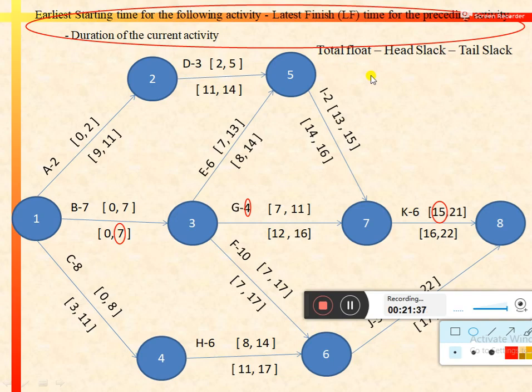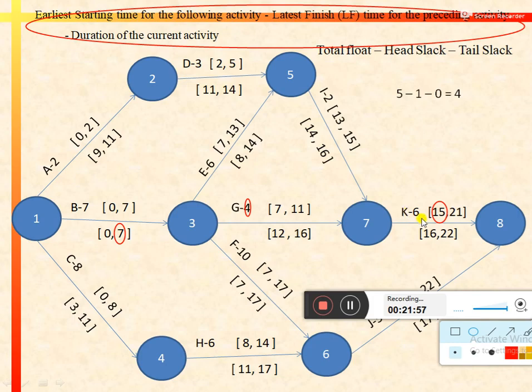By using the second expression we can also calculate the independent float for activity G, that is total float minus head slack minus tail slack. So total float for activity G is 16 minus 11, that is 5.